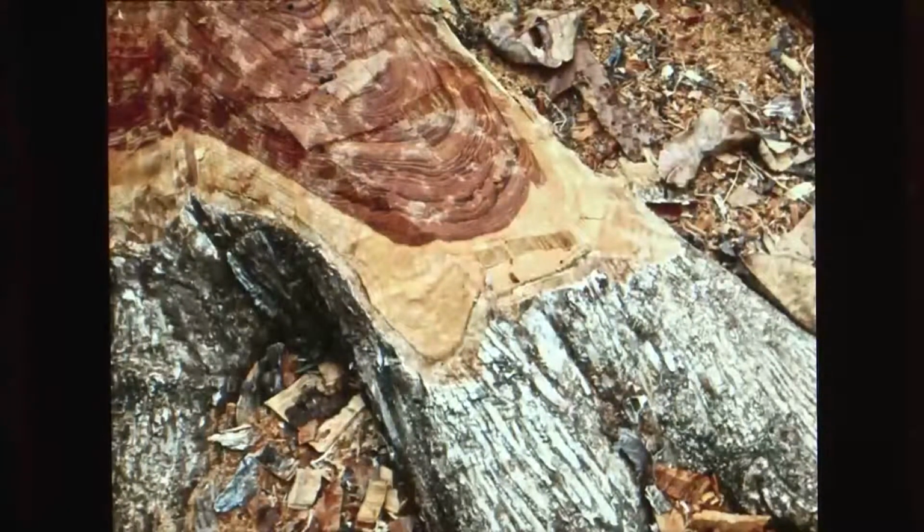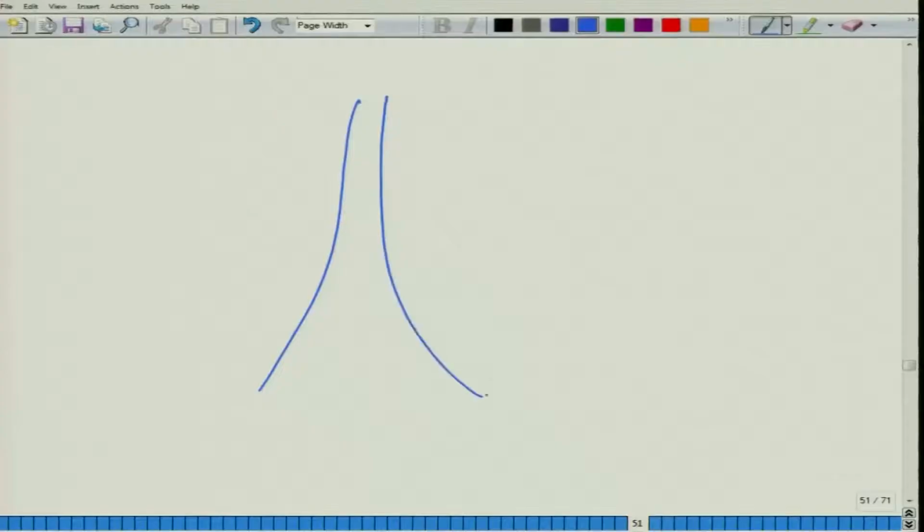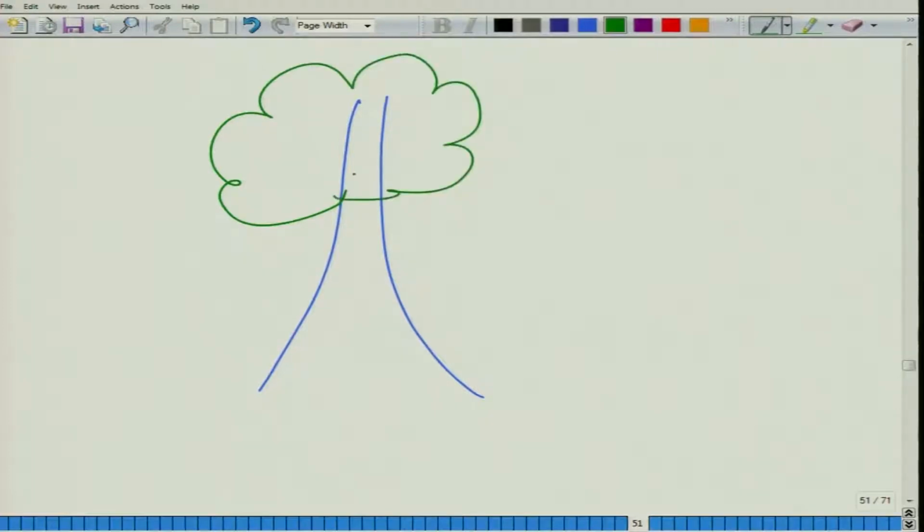So, what do we mean by stump dressing? So, consider a tree. As we saw previously, it is very difficult to cut a tree at the base, because we might be having some undergrowth here, or we might be having some stones which might damage our instrument.